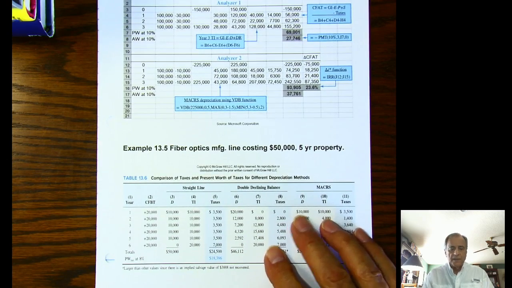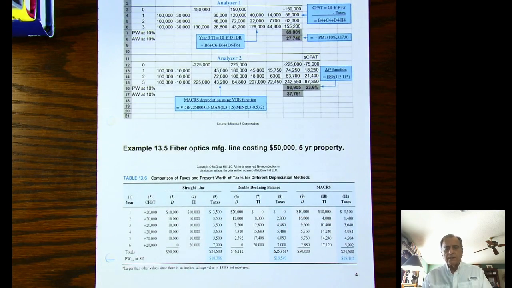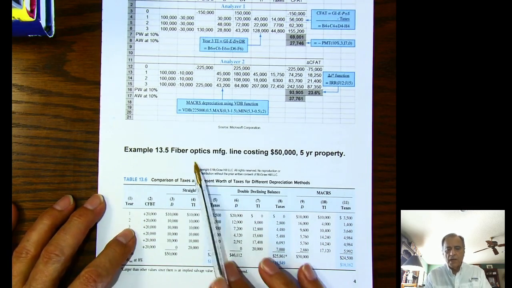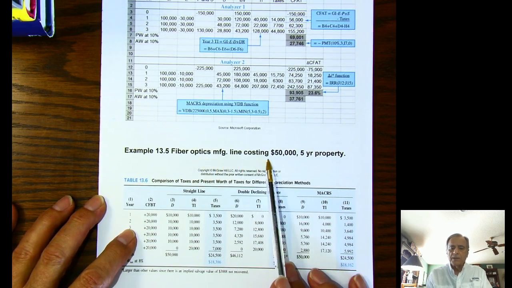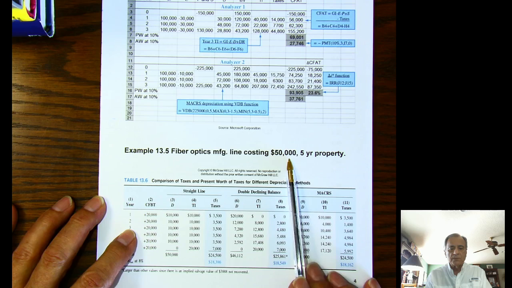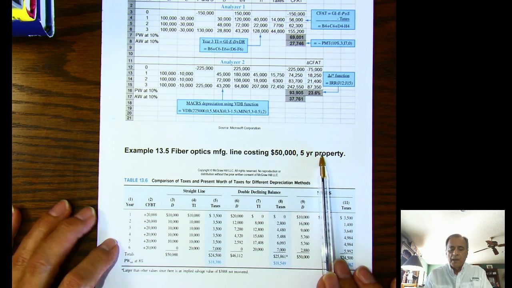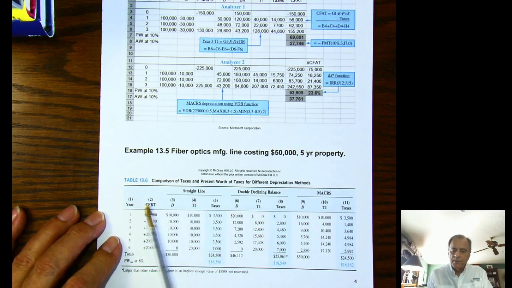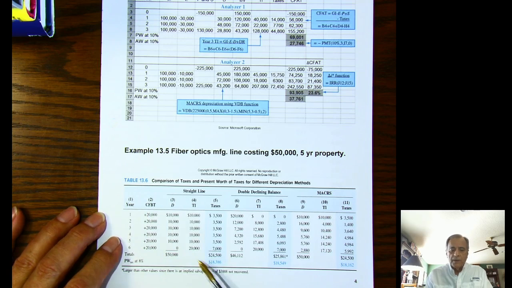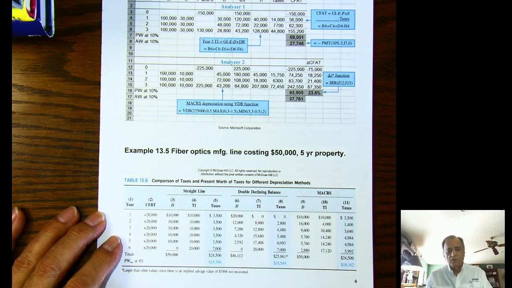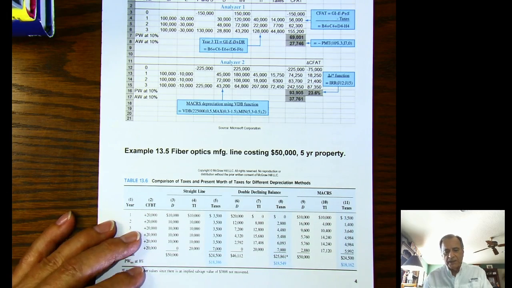In the next session, I'll probably work another after-tax problem for you, but this will suffice for today. The second example, example 13.5, is a fiber optics manufacturing line costing $50,000. So that's what the original price was, and it's 5-year property. And the author shows you a table, this is table 13.6, where these taxes are based on straight line depreciation, which we talked about, but we really didn't cover it.